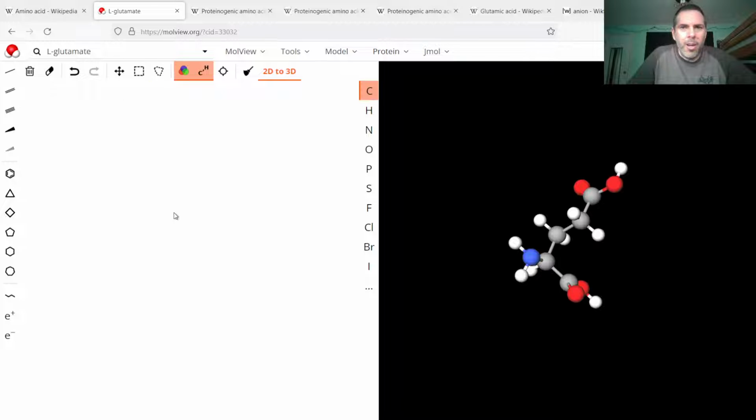Go ahead and draw it here. Alpha carbon, carboxyl group here. Amino group.